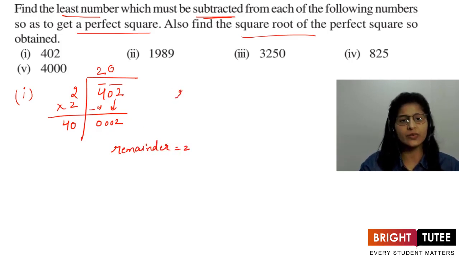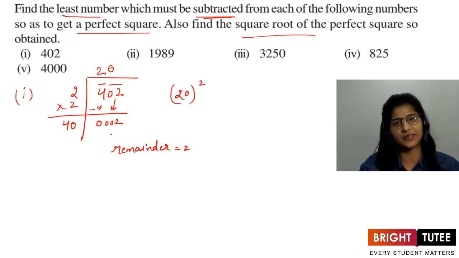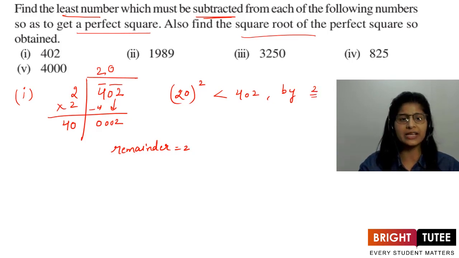We see that the square of 20, if this would have been a perfect square, we would not be left with a remainder. That means this 2 is extra in this number. So the square of 20 is less than 402 by 2. So what we will do? We will subtract this 2 from the dividend that we have and we get 400. So 400 is a perfect square.